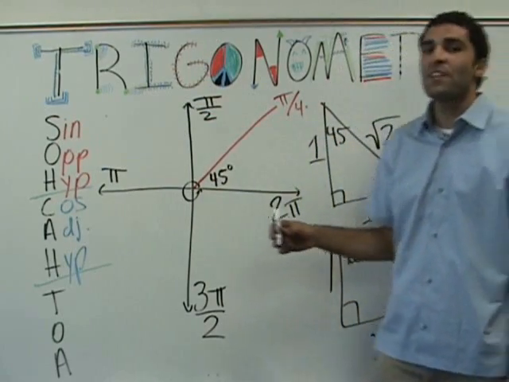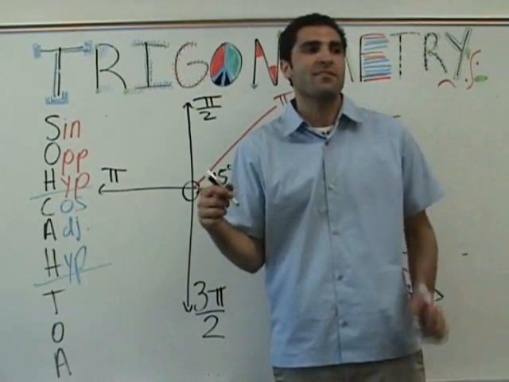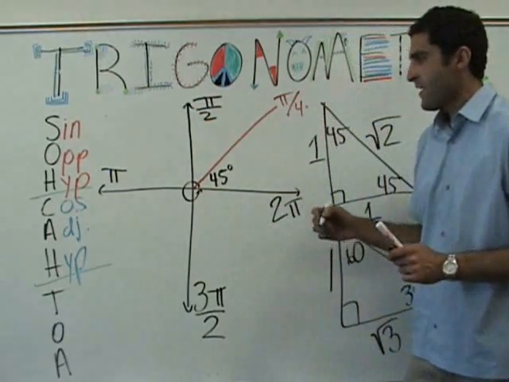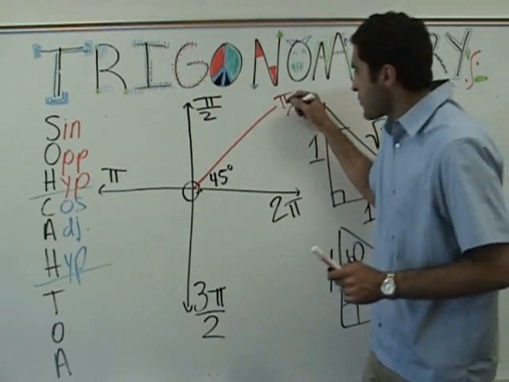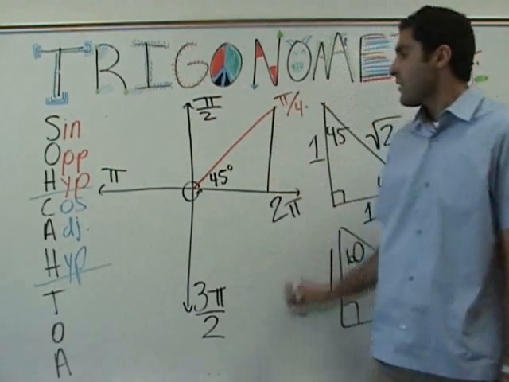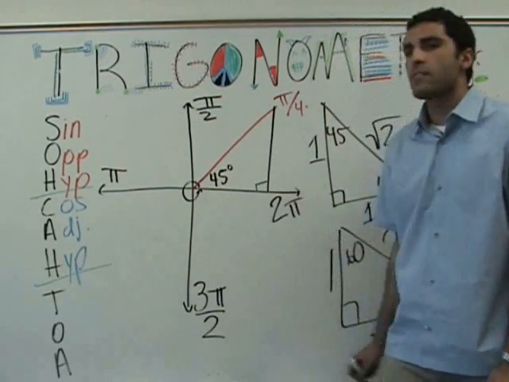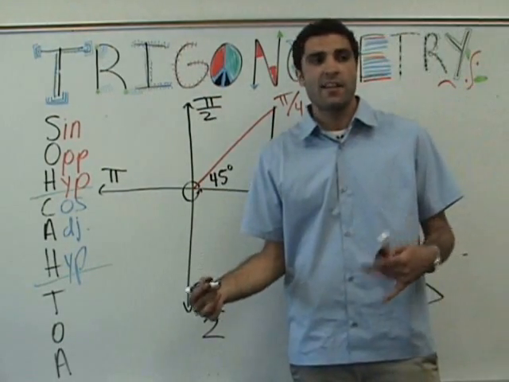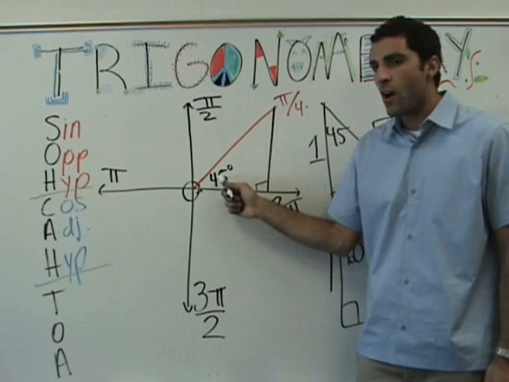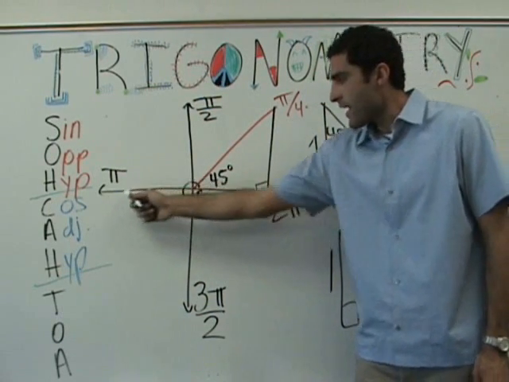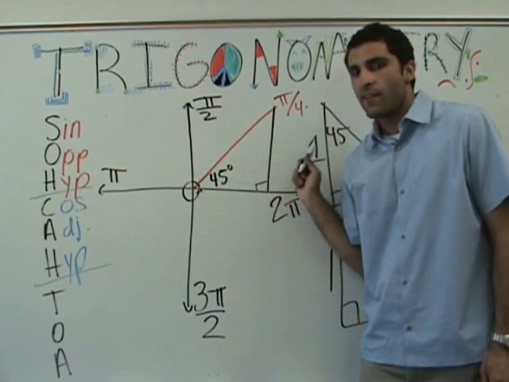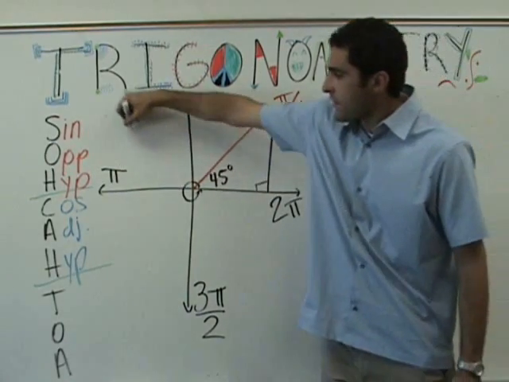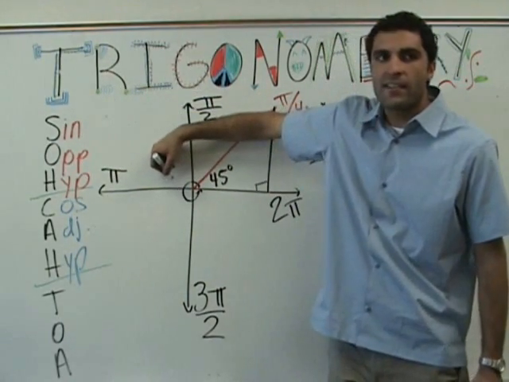We're packing in so much in one lesson. Now we make a right triangle. The advice every time: the angle will always be next to the x-axis. The next problem, we're going to do an angle here, and the angle will be next to the x-axis.